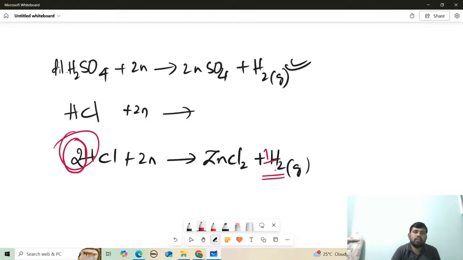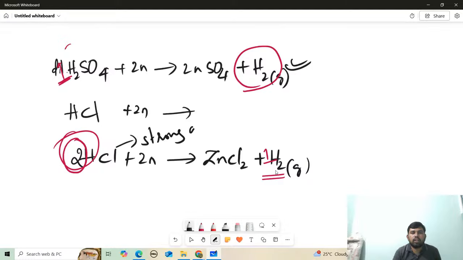Now in the earlier case, only 1 mole is sufficient to produce 1 mole of hydrogen gas. This is one point where you should understand. And one more thing, this is also a strong acid. No need to worry whether the production of hydrogen will take place to the same extent or not.